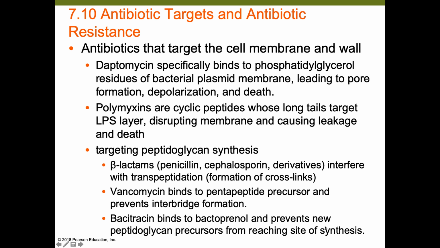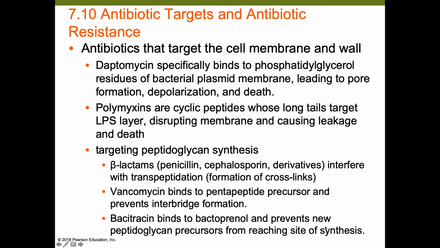As the cell is trying to build its peptidoglycan, it has to link together the sugar amino acid tail subunits, and beta-lactams inhibit that process. They bind to a protein called penicillin binding protein. Its function is actually to do the cross-linking, but it was discovered because that's the protein that penicillin interferes with. So penicillin, cephalosporin, and the derivatives, that's what they do.